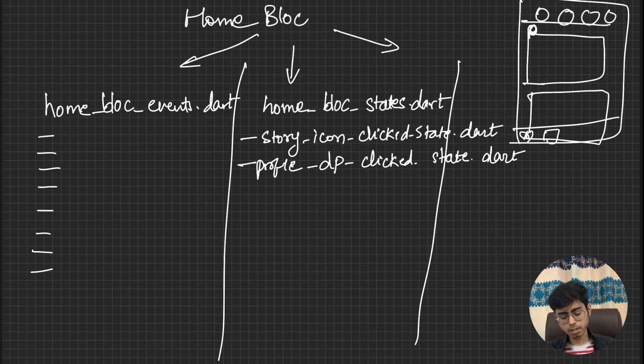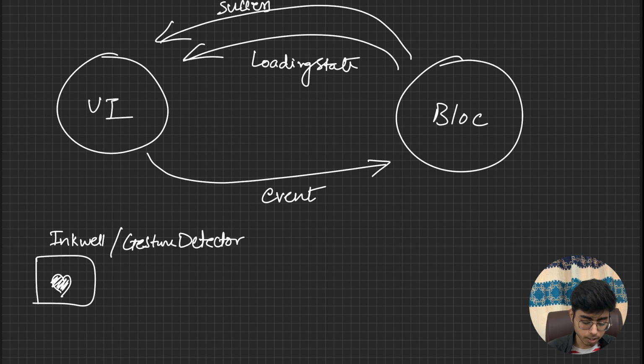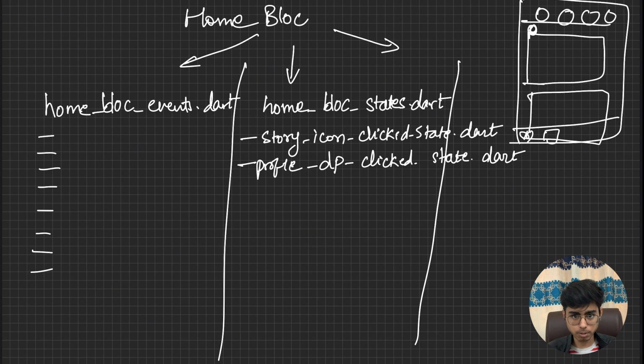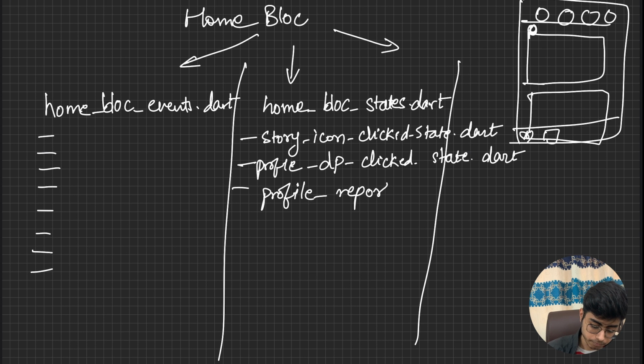Now try to understand what will happen if I click on the DP of some other user. I should navigate to the user profile, right? As soon as my UI receives this state from the block, I should navigate my UI. Perfect. Let's say there is profile report state dart.